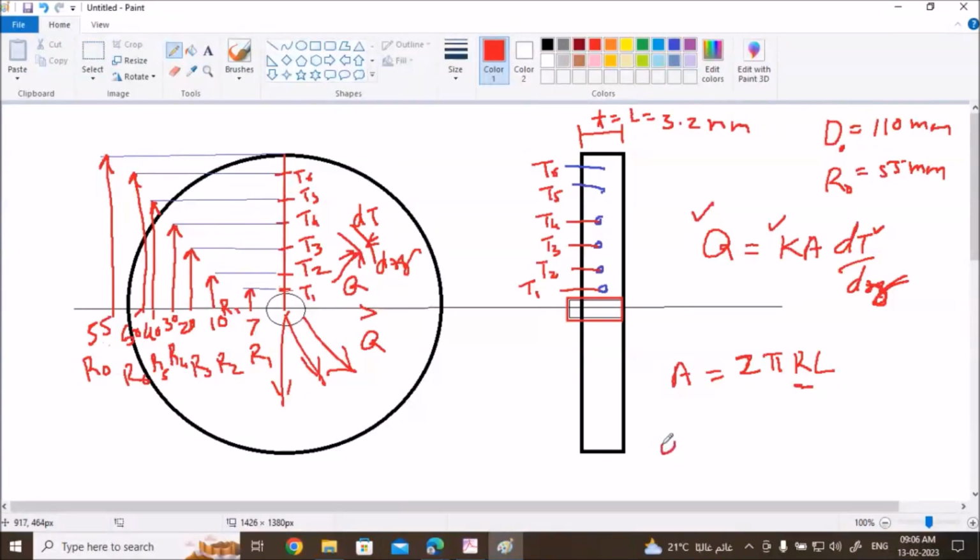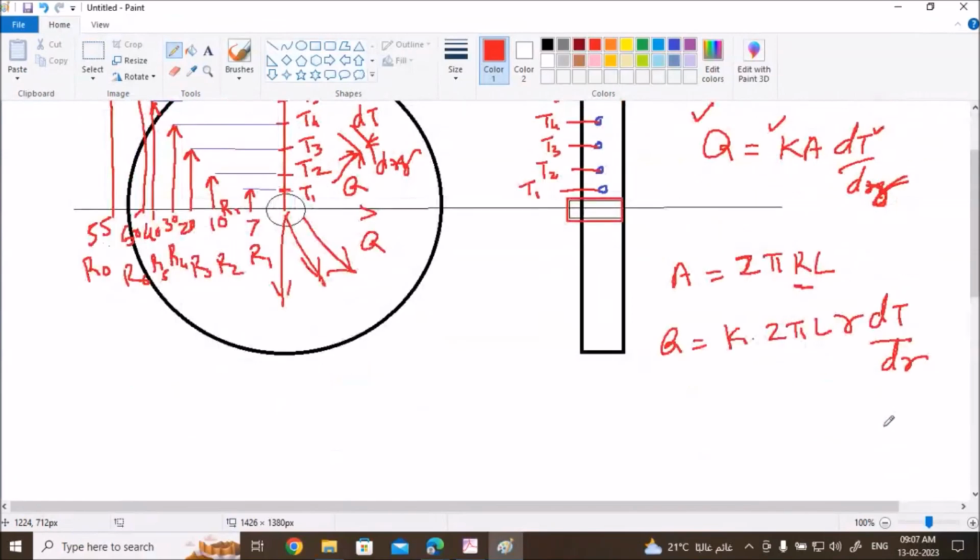So Fourier's law states that Q is equal to K 2 pi L r dT by dr. This is Fourier's law of heat conduction for radial heat conduction.